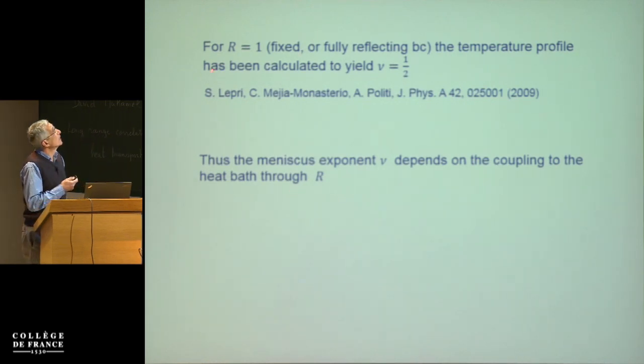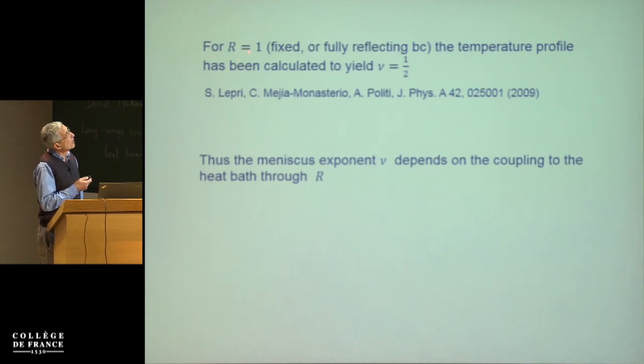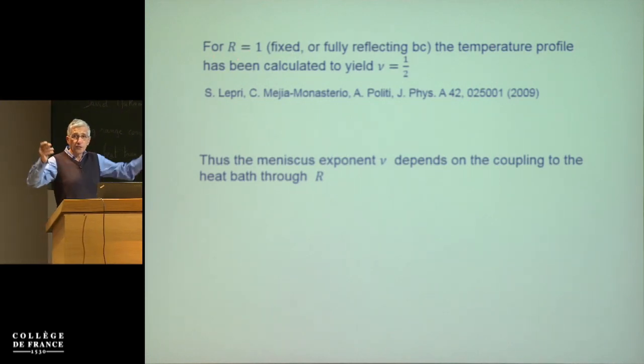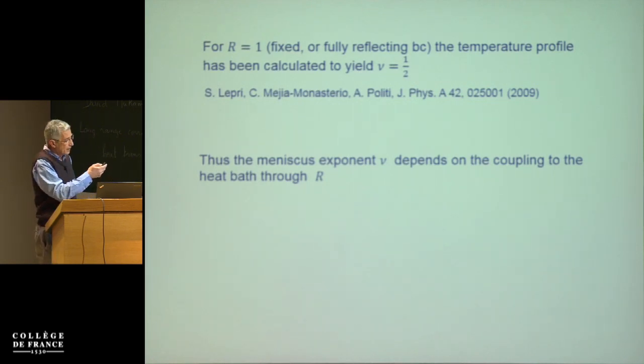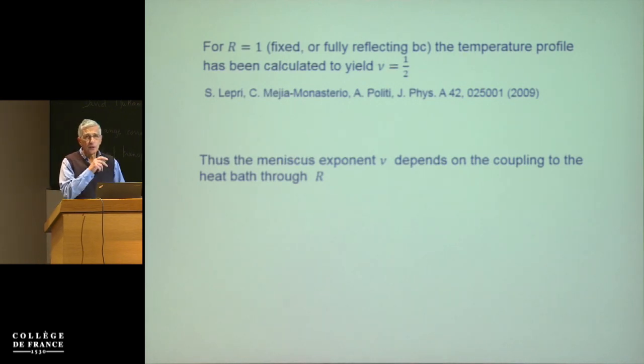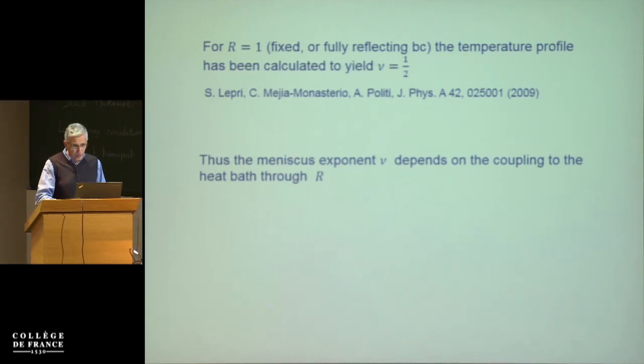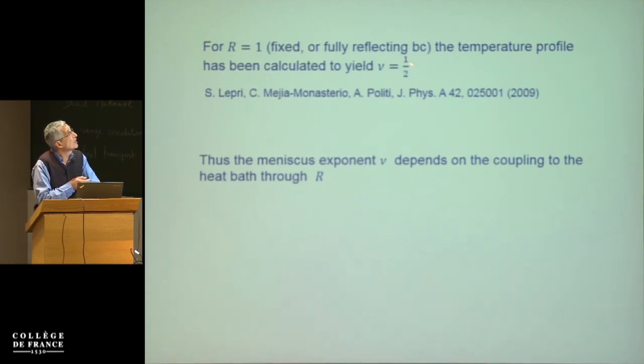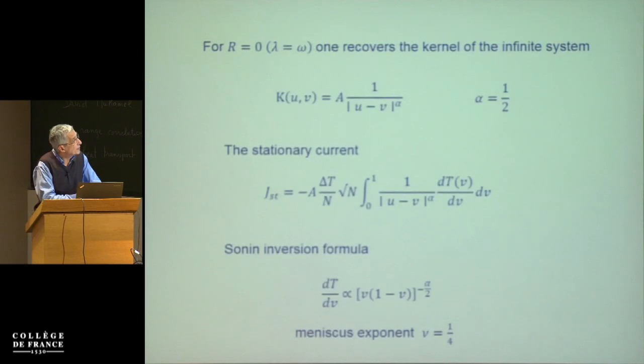Now, this model for R equal to 1, that is for fixed boundary conditions, so suppose you have a closed boundary condition, was analyzed in a very nice way by these people some time ago. And they found that the meniscus exponent is 1/2. So you already see that when the reflection coefficient is not 0, this result does not apply.